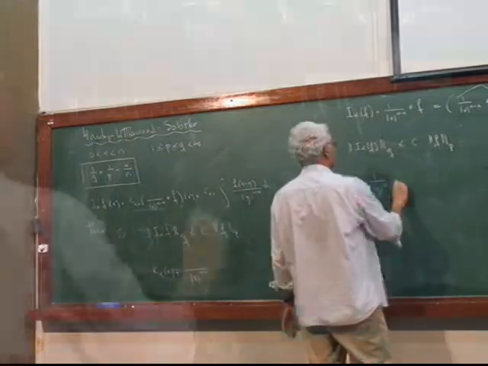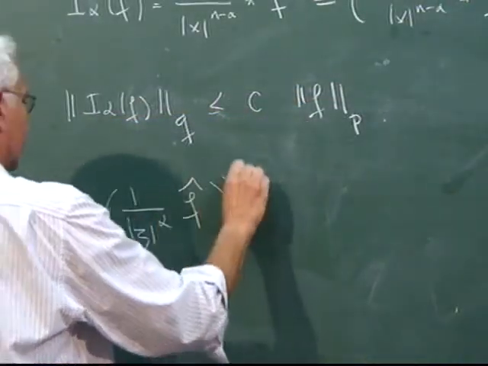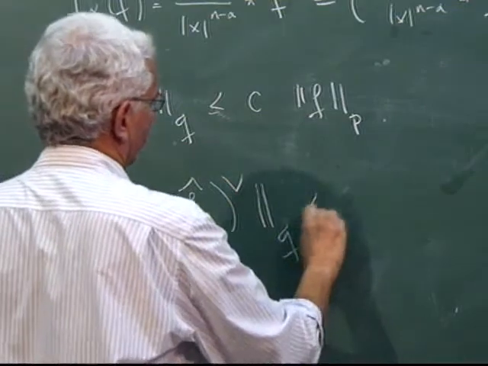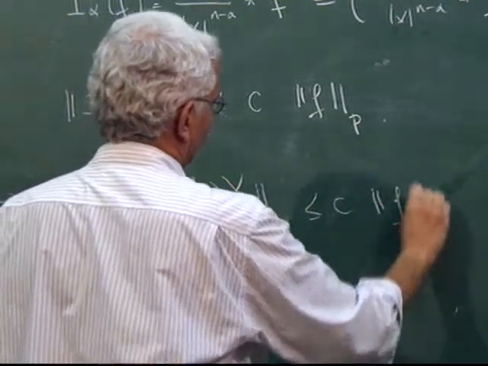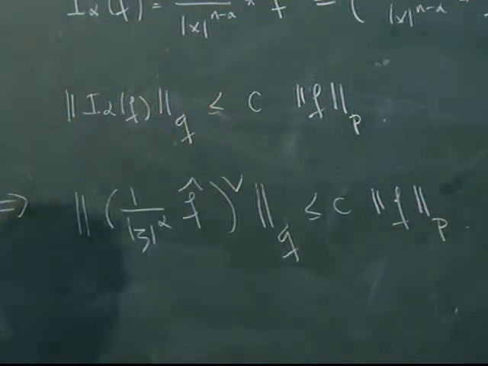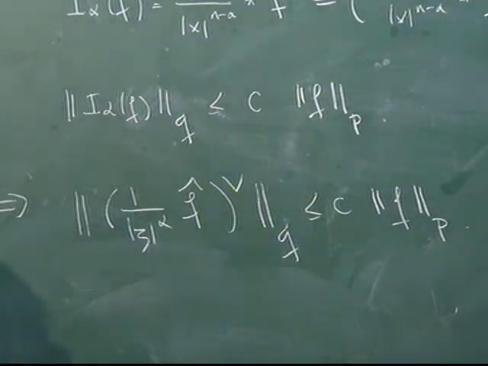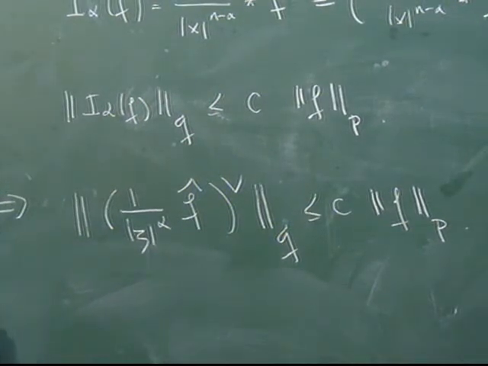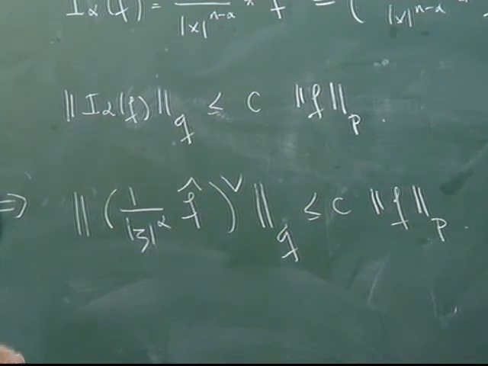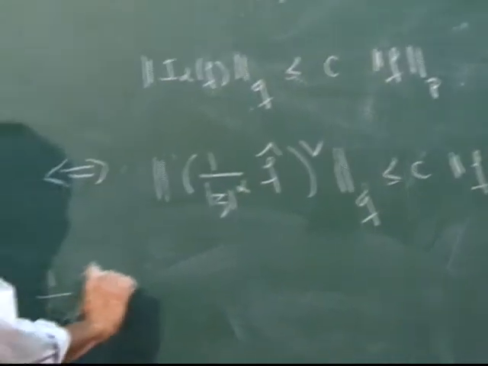Okay. Is that okay? Suppose that I take 1 over alpha f.